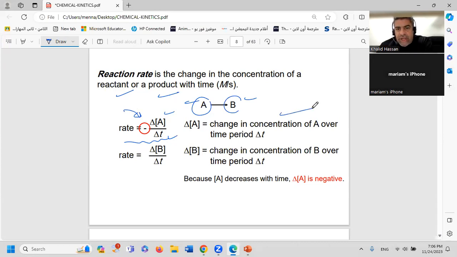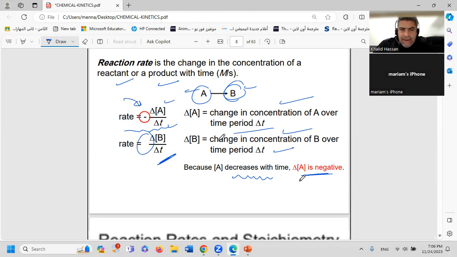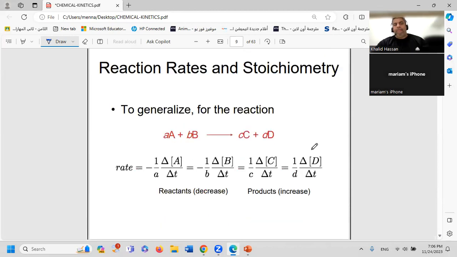If you are looking at the products, there is no sign, it's a positive change in concentration of B over that time. Because the decrease of A is negative and we have no negative rate, it should be positive. Is that clear?